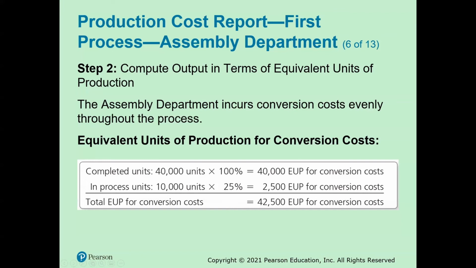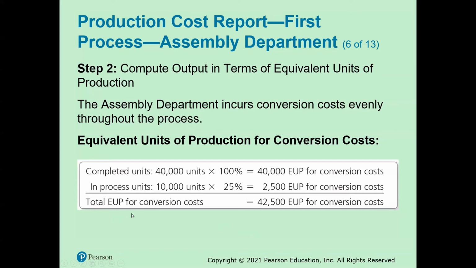So you have the completed units at 40,000 units times 100%, which gives you 40,000 EUP for conversion cost. And the in-process units, 10,000 units times the 25% completion, give you only 2,500 EUP for conversion cost.